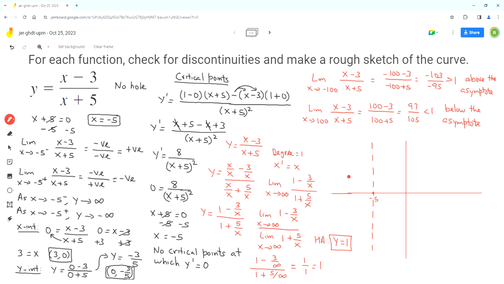On the left side of this vertical asymptote, the function approaches positive infinity, so the end behavior can be shown like this. And on the right side, the end behavior can be shown like this. Now we can show the intercepts. The x-intercept is 3, 0, so let's assume it's somewhere here. And the y-intercept is 0, negative 3 over 5, so let's assume it's somewhere here.